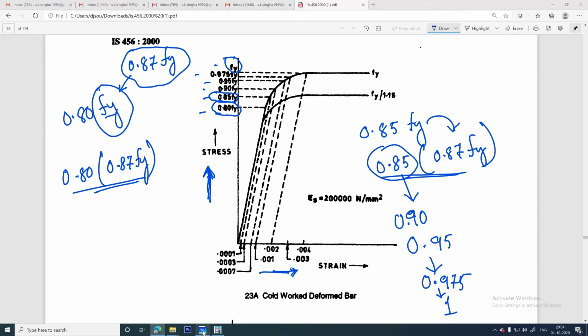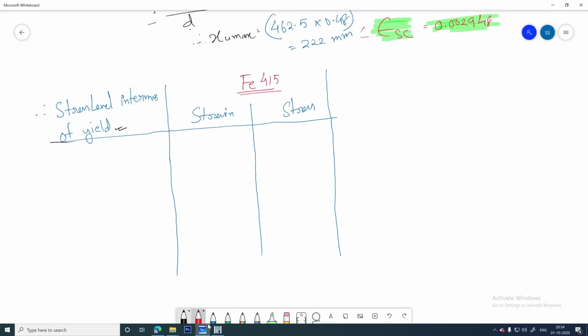Now if I write here, first value is 0.80 into 0.87 Fy. Then the second one, 0.85 into 0.87 Fy.